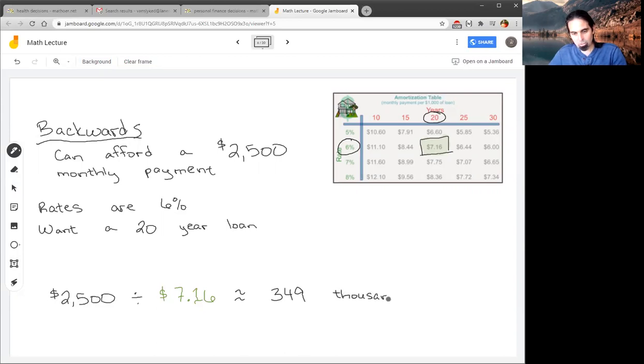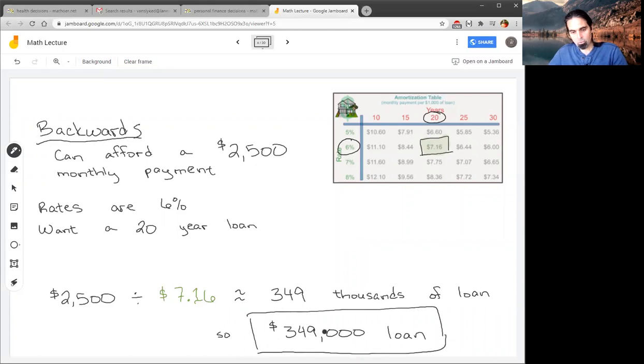How many times you could give them 7.16 before you ran out of money in your bag. So what we actually write is 349,000 like that. So just like before, those other 3 zeros are just sort of hanging out because we're counting in thousands, we're not counting in ones.